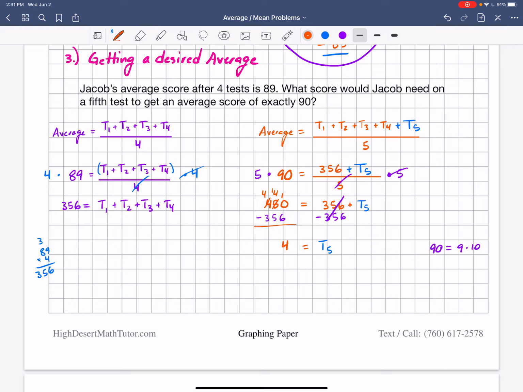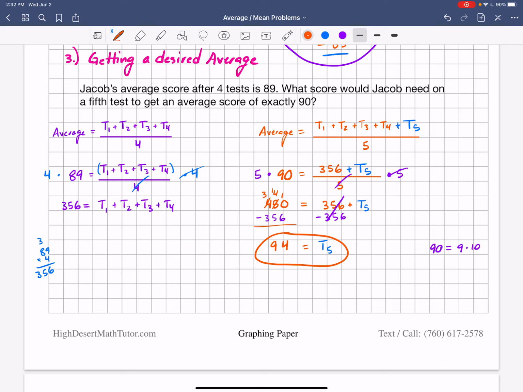So 14 minus 5 is 9. And, whoops, this should be a 3. 3 minus 3 is 0. So our final test, our fifth test, has to be a 94 in order for our average test grade to be 90.